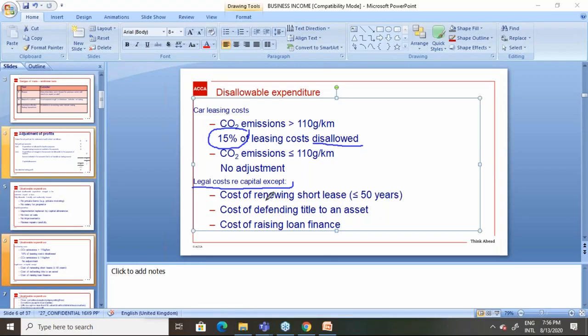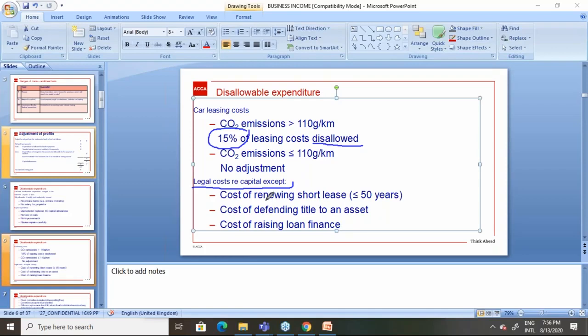What is a short-term lease? It's a situation where the lifespan of the lease is limited to 50 years or less. But remember, you're only permitted to claim the cost of renewing the short lease.